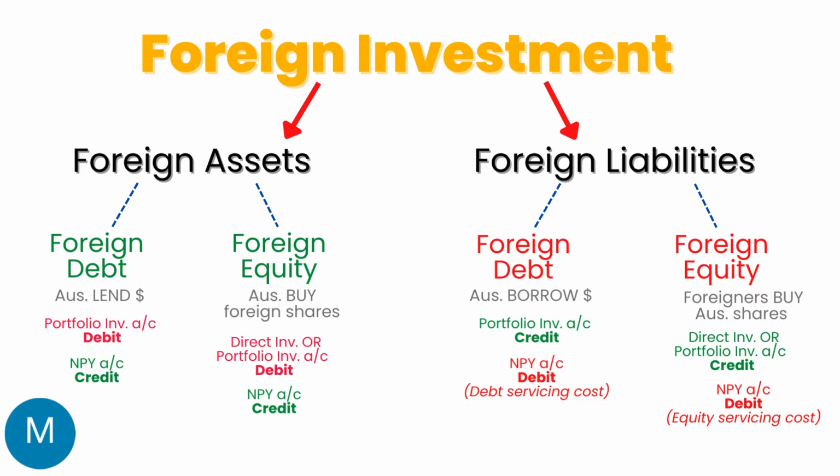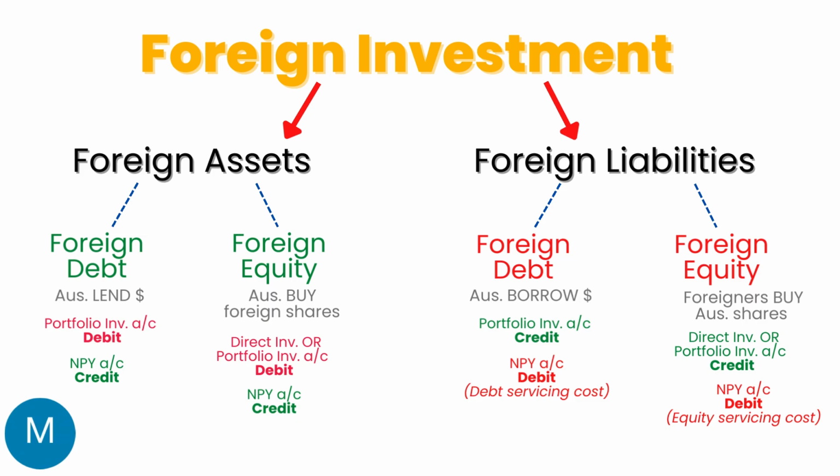When a resident from Australia buys foreign shares in other countries, the money we pay out to buy the shares would be debited from the direct or portfolio investment account. In return, when we make profit or receive dividends from the shares, they would be credited into our MPY account.